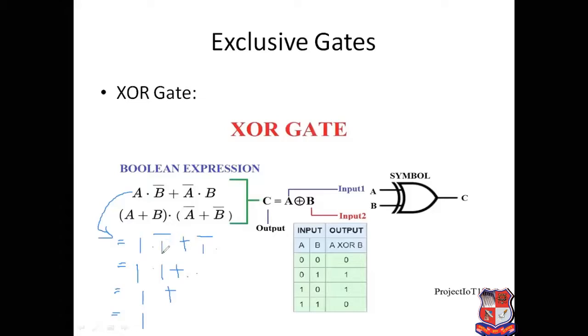So here it is 1 1. So here 1 bar is nothing but 0. Same here 1 bar is nothing but 0. So 1 into 0 is 0. 0 into 1 is again 0. So 0 into 0 is 0. So I will get value 0.